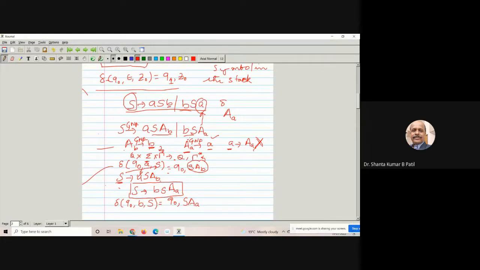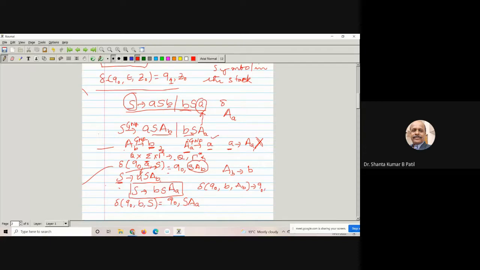Okay, next, this is also in the form of CFG, that is AB defines b. So hence you can write here delta of Q naught, terminal is b, sigma is b, then the stack symbol AB, which defines, is equal to Q naught.